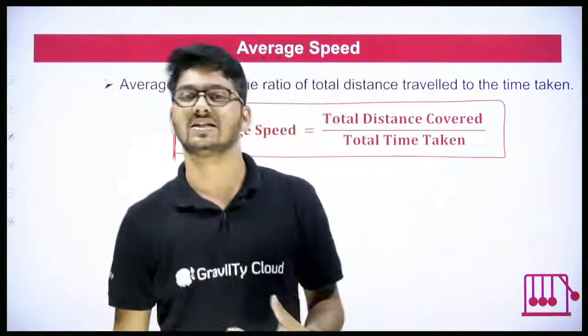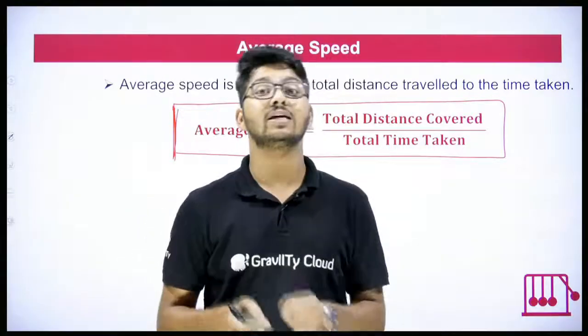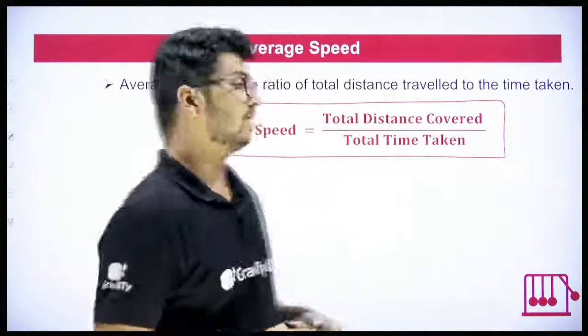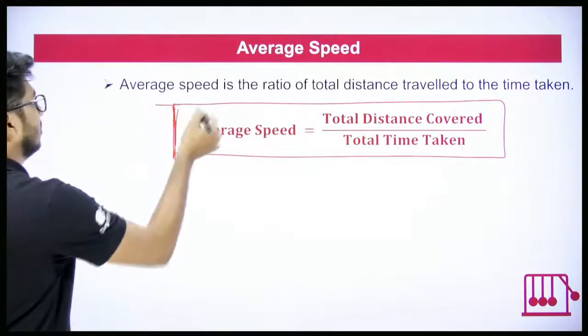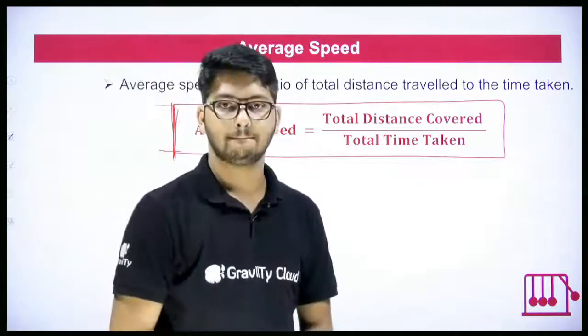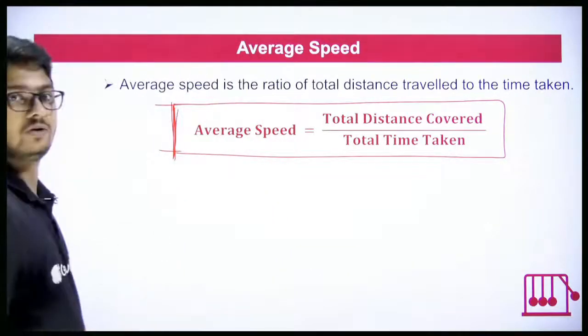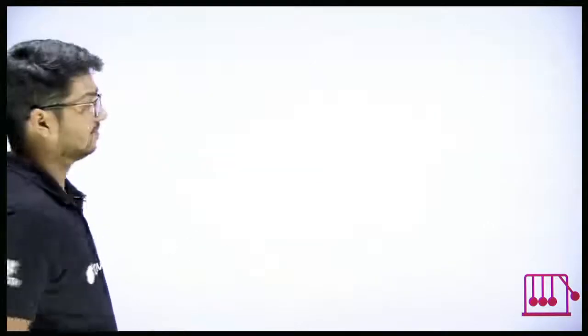It is total distance covered by total time taken. That is average speed. Understood? So keeping this in mind, let's go into an example.